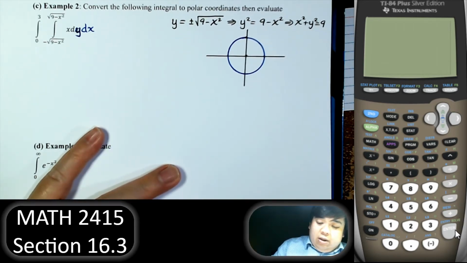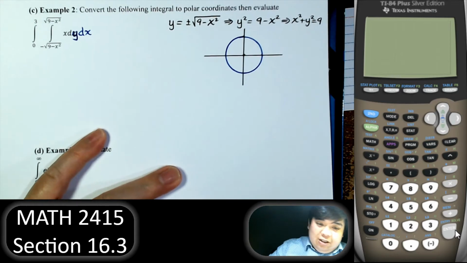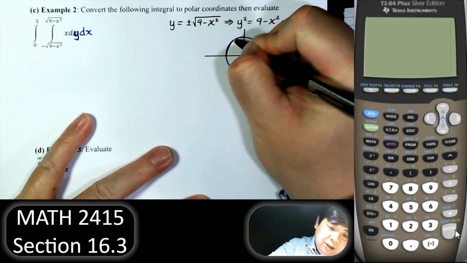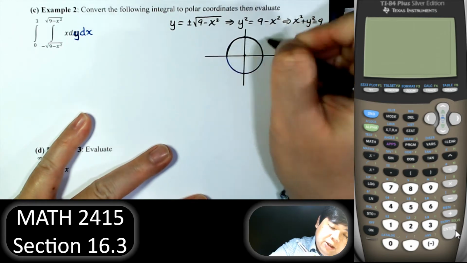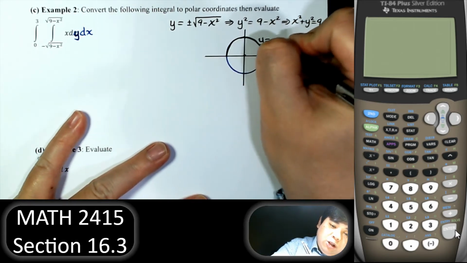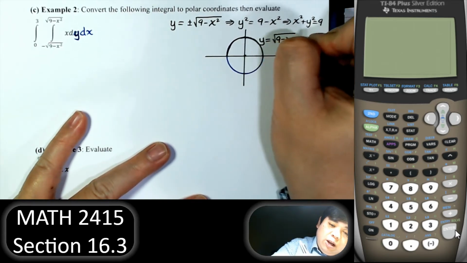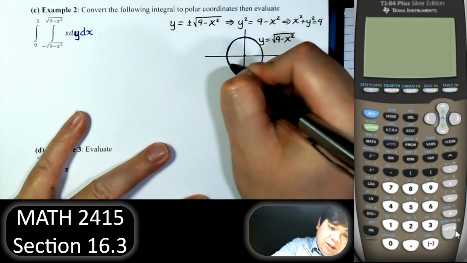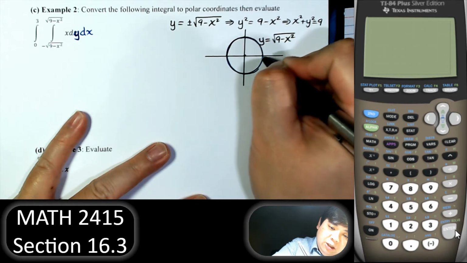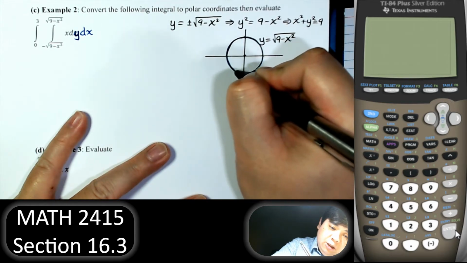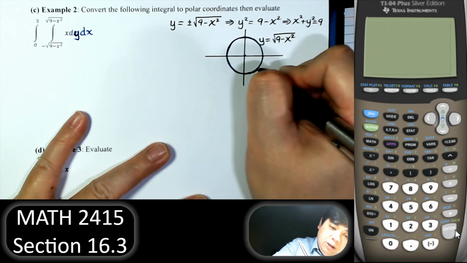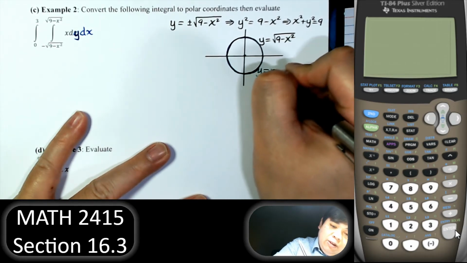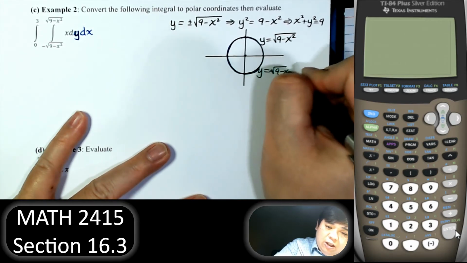Alright, the one above is y equal to positive square root of 9 minus x squared. The one below is y equal to negative square root of 9 minus x squared. Right.